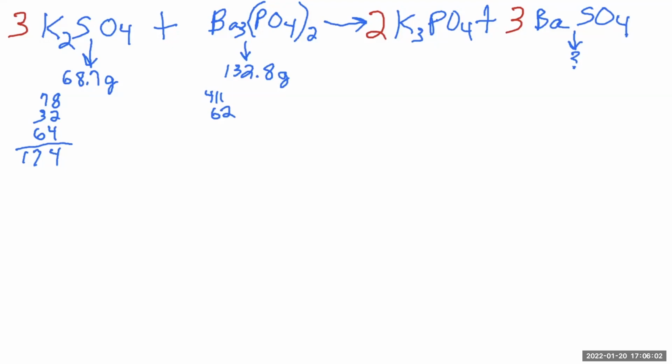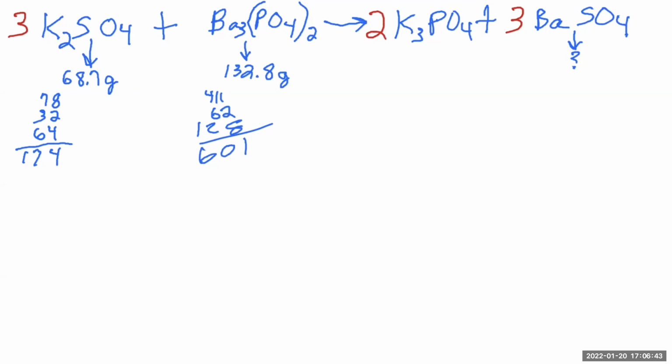So 16 times 8 is 128. Add those together: 601. Okay. So now we need the molecular weight for barium sulfate.